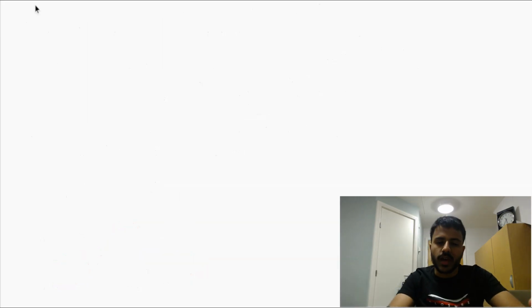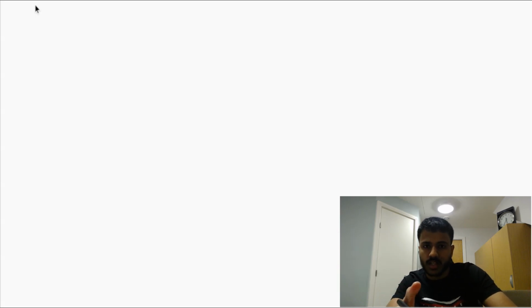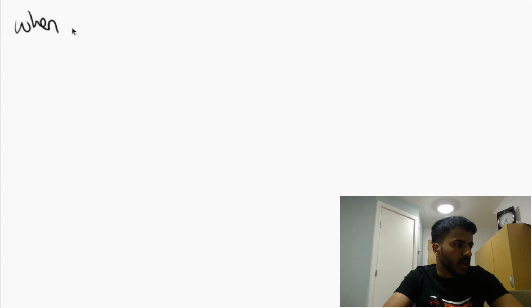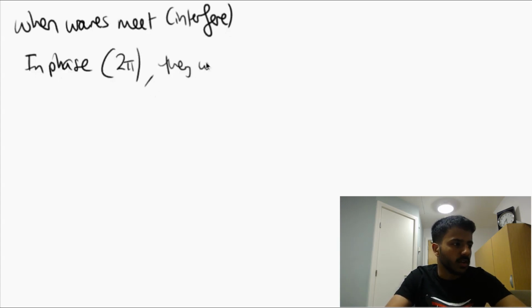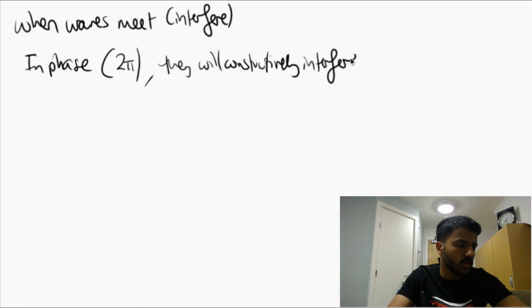So in a general case, when you're asked to describe how constructive and destructive interference take place and when they take place, you can say that when waves meet or interfere in phase, which means they have a phase difference of 2 pi, they will constructively interfere, hence will form a maxima.